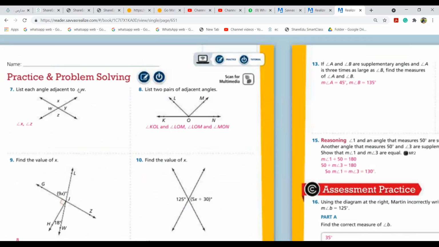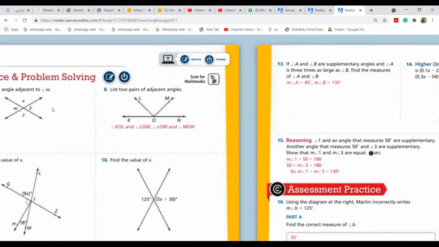Adjacent to W. If I say adjacent to W, what is next to W you see here in the picture, Zishan? What is next to W? Adjacent. I'm not saying opposite to W. I'm saying adjacent, that is next. Adjacent means just beside W. Which angle do you see beside W? That is opposite, that is called vertical.